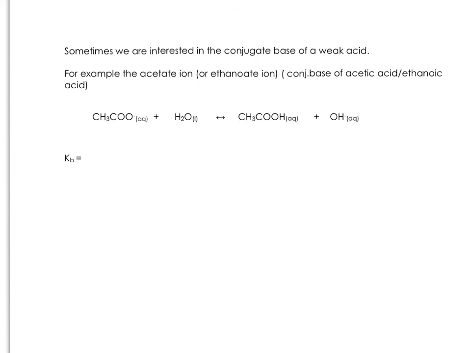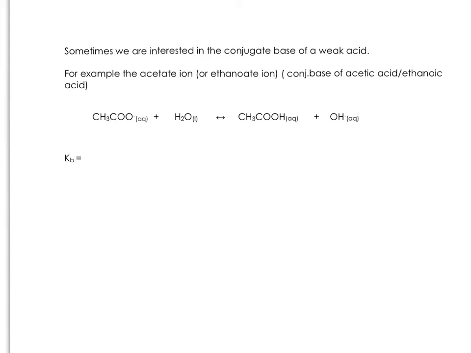Sometimes we're interested in the conjugate base of a weak acid in solution by itself. For example, the acetate ion. It's the conjugate base of the weak acid acetic acid. The IUPAC name for acetic acid is ethanoic acid. So it's really the ethanoate ion, but it doesn't matter which one you use.